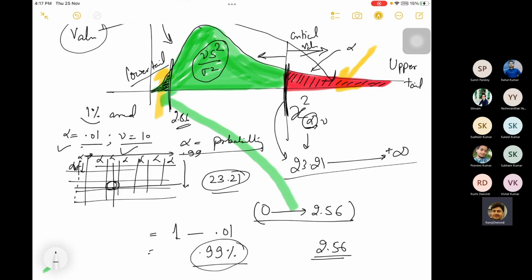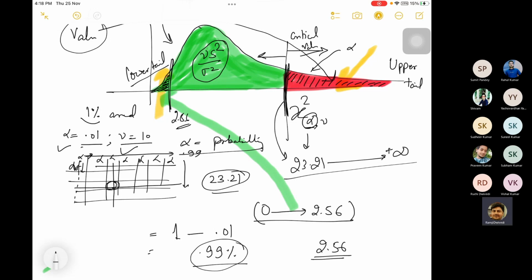But please remember these statements that I am making: what is 1% area under the curve in the upper tail, what is 1% area under the curve in the lower tail, and that's how we are differentiating between the values. It's very easy. It's very simple. But you have to read it again, find the values on your own from the table, write the value yourself, and then make sure that you are confident enough to find the answers.